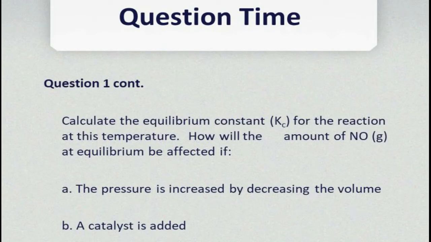Question number 1. Calculate the equilibrium constant for the reaction at this temperature. How will the amount of NO gas at equilibrium be affected if the pressure is increased by decreasing the volume? 2. If a catalyst is added to the reaction.